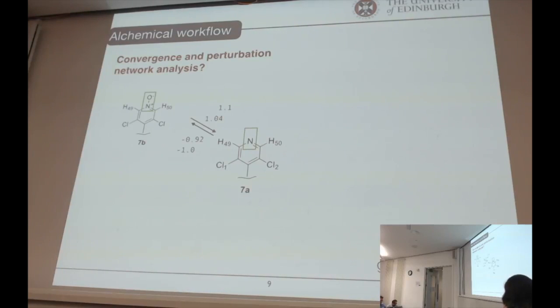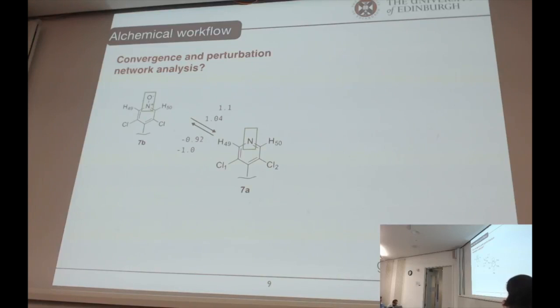We can run the perturbation from 7b to 7a, and from 7a to 7b from our initial parameterization. The backwards and the forwards should be identical, it shouldn't matter. In practice, the way we set up the simulations, we do get a difference, but in order to be sure that we don't have any weird conformational sampling problems, if the difference is small, then we're convinced we're probably okay with our free energy estimate here.